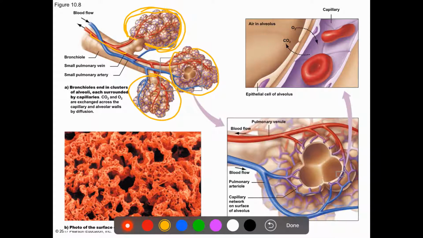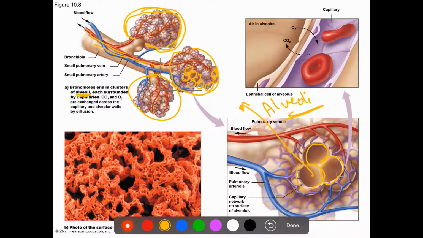These alveolar sacs are made of small chambers. Each one of these chambers is called an alveolus, and the alveolar sac is basically a cluster of these alveoli set together, where the bronchiole is going to end within it.